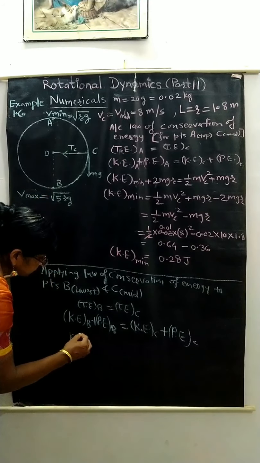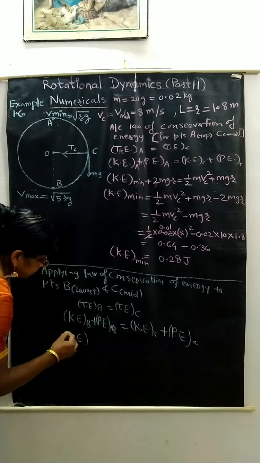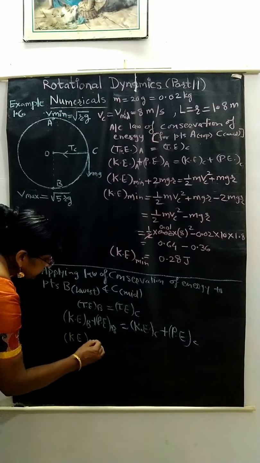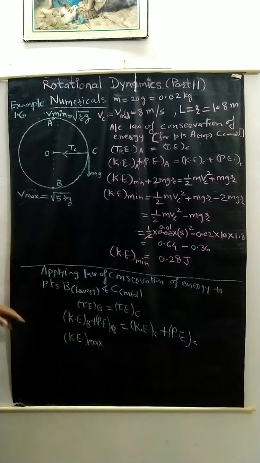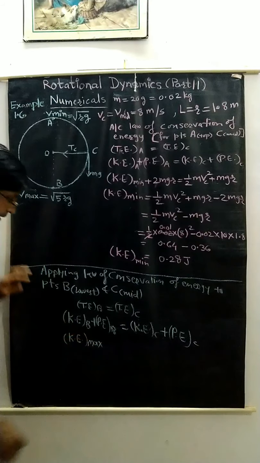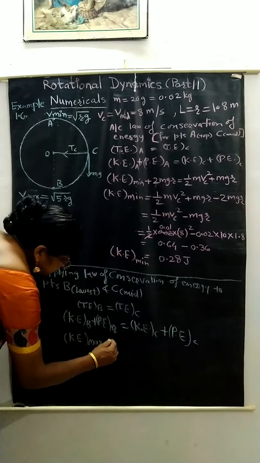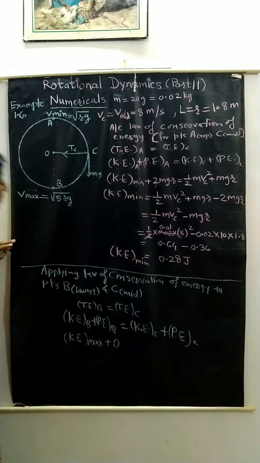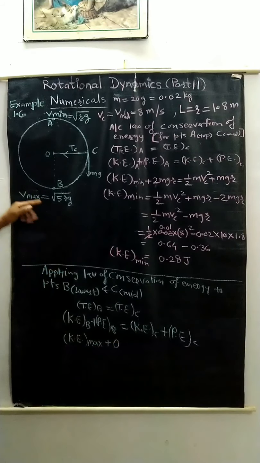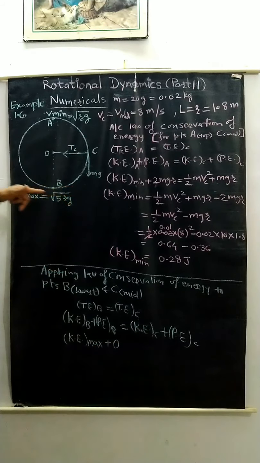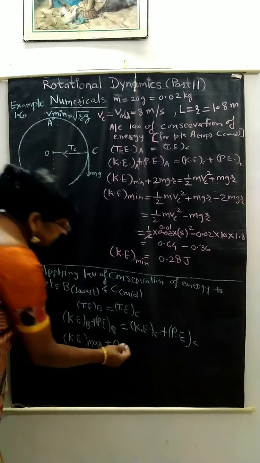We do not have to write down a formula for it. It is maximum because we have to calculate the same maximum kinetic energy. Plus potential energy at point B is 0. The point B is considered to be at ground level.